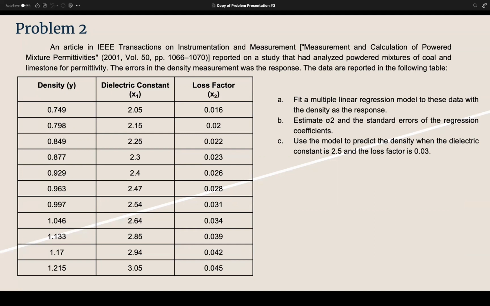The data are reported in the following table. Fit a multiple linear regression model to these data with the density as the response. Estimate the variance and the standard errors of the regression coefficients. Use the model to predict the density when the dielectric constant is 2.5 and the loss factor is 0.03.